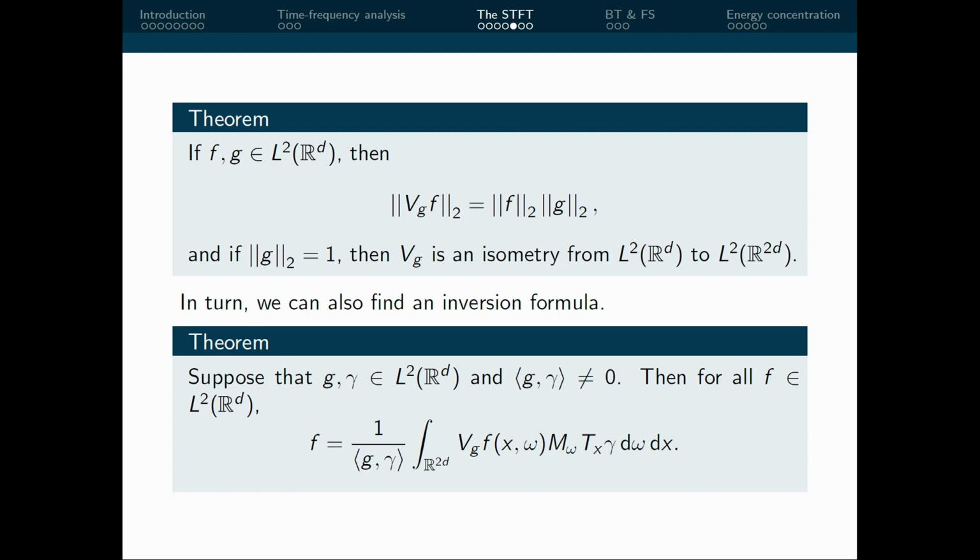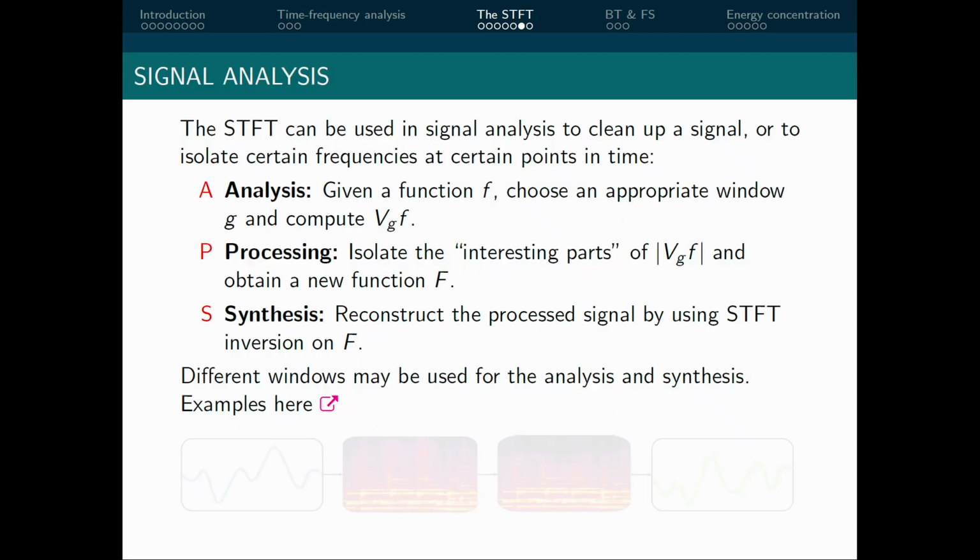And this is what it looks like. So now you can do some really good time frequency analysis. You begin with a signal, and you analyze it. You compute the spectrogram, for example, the short-time Fourier transform. Then you process it. So you isolate the interesting parts of the modulus of the function. You have to look at the modulus so that you get something like a spectrogram.